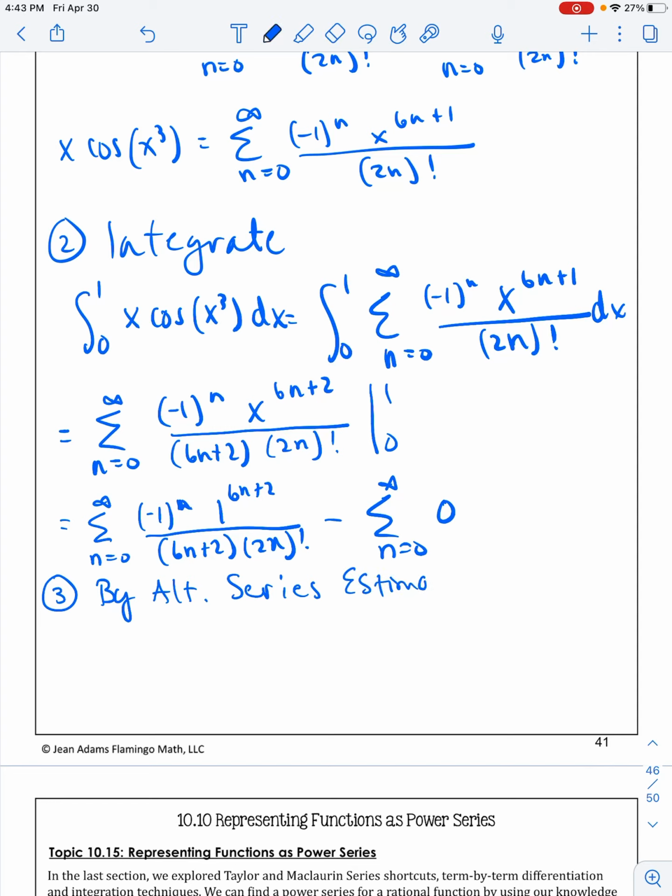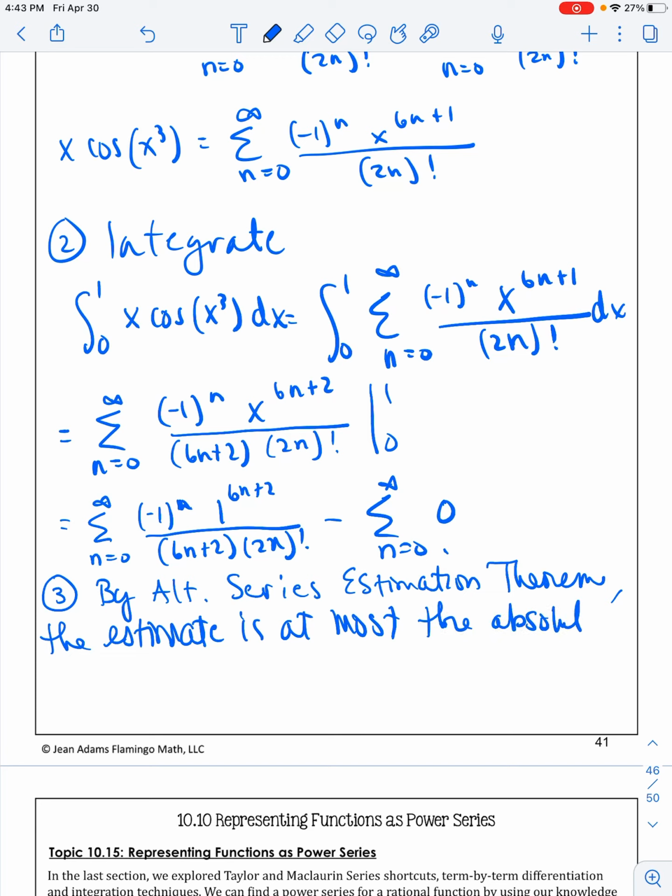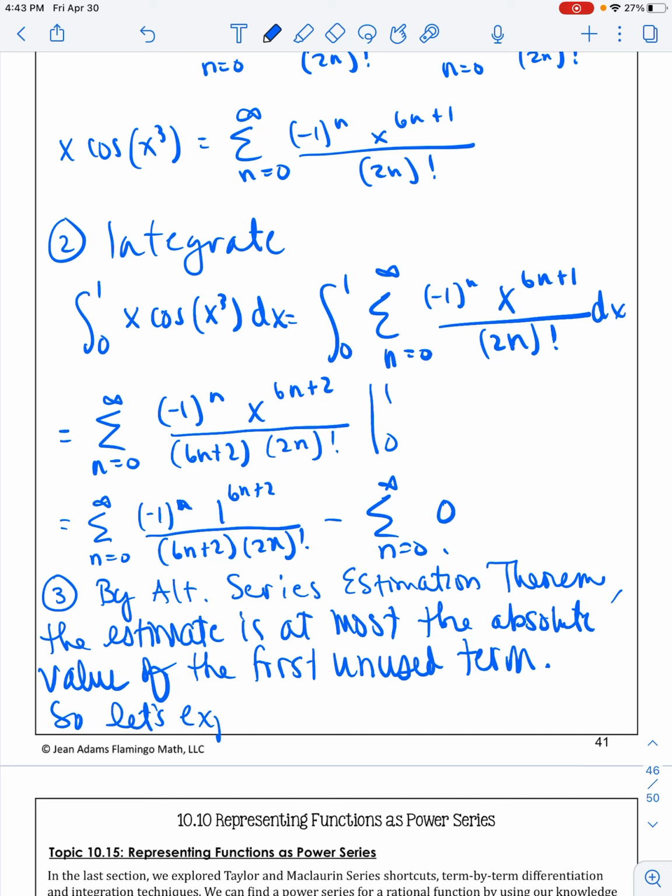So by the alternating series test, or actually I put the alternating series estimation theorem, the error of the estimate is at most the absolute value of the first unused term.